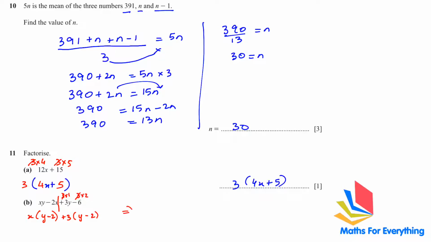This can be written as one bracket, y minus 2, and the variable which is out, x plus 3, we combine it. So that's our answer. Always remember that the inside bracket, this y minus 2 and y minus 2, must be the same. If it is not the same, you have made a mistake somewhere.